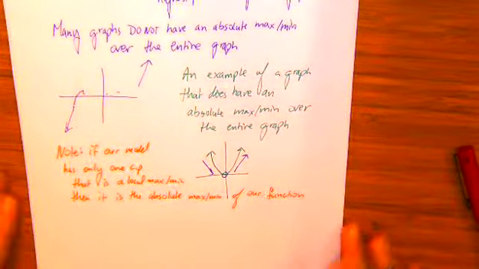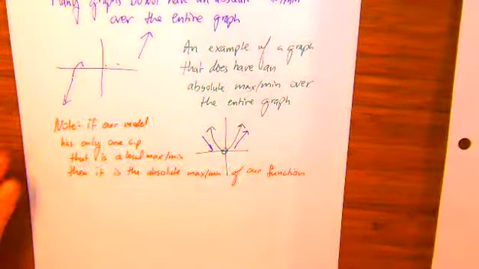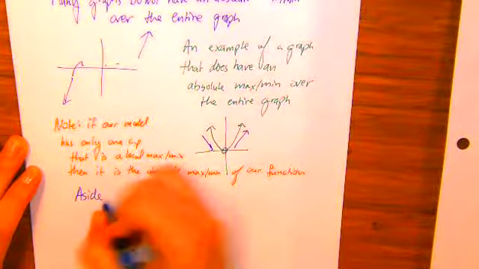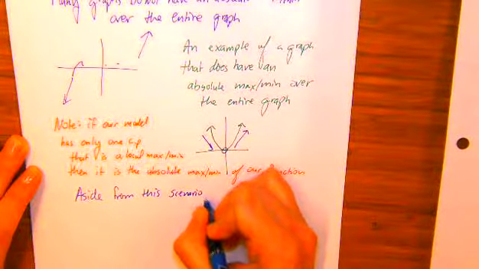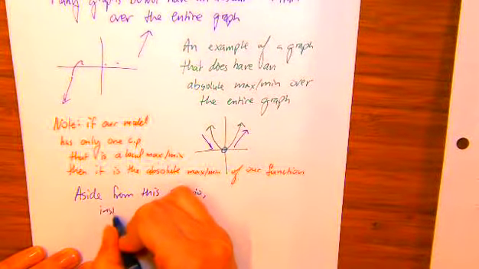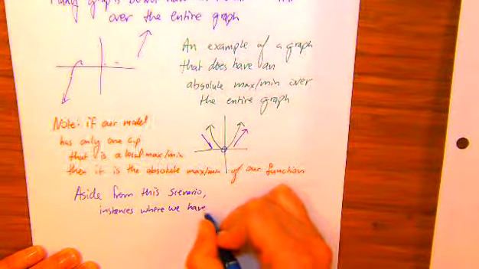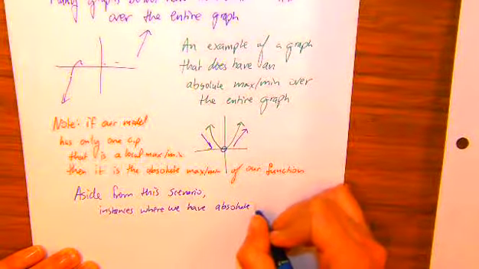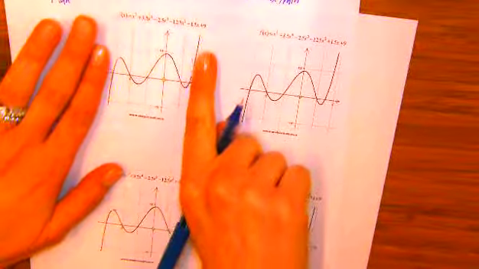Alright, but aside from that special case, how can I come up with an absolute? So aside from this scenario, instances where we have absolute extrema are where we, instead of allowing our graph to go over the whole thing, look at only certain windows of it.